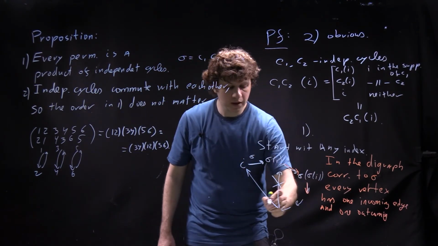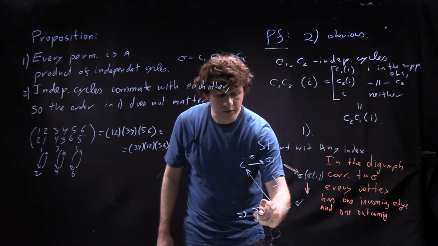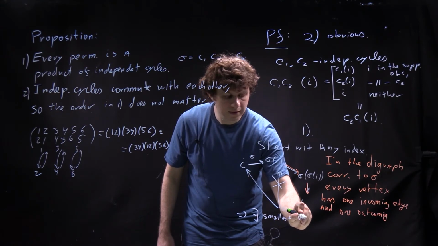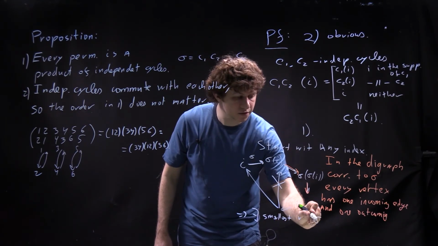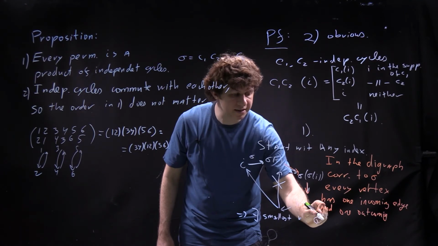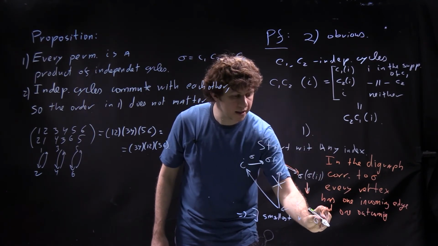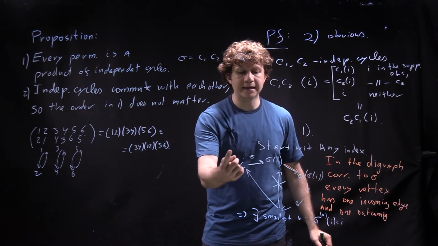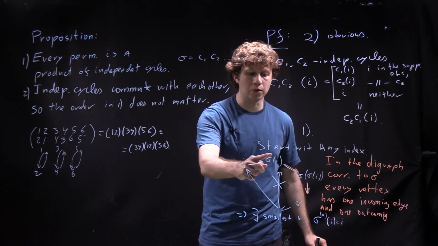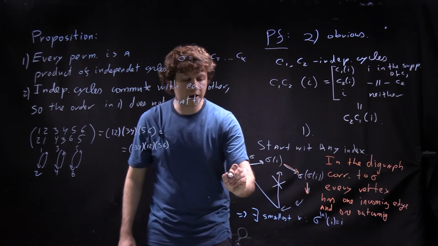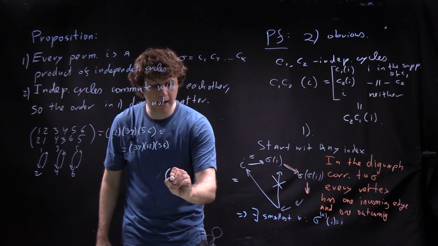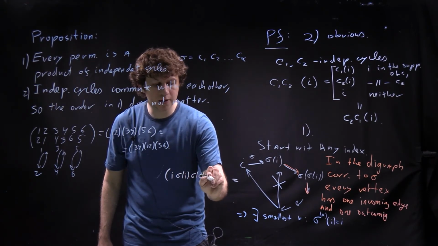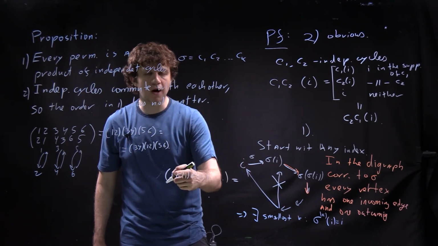So there exists a certain smallest k such that when I apply sigma k times, sigma of sigma of sigma of i, it returns me back to i. And this is exactly how my permutation acts on i. So this part gives me a cycle: i, sigma of i, sigma of sigma of i, and so on, and then I eventually return back to i.